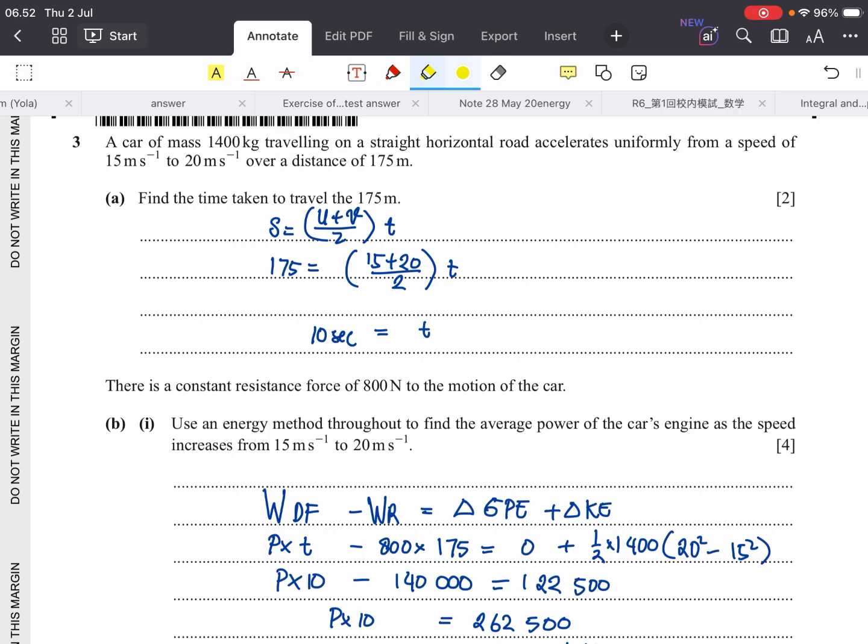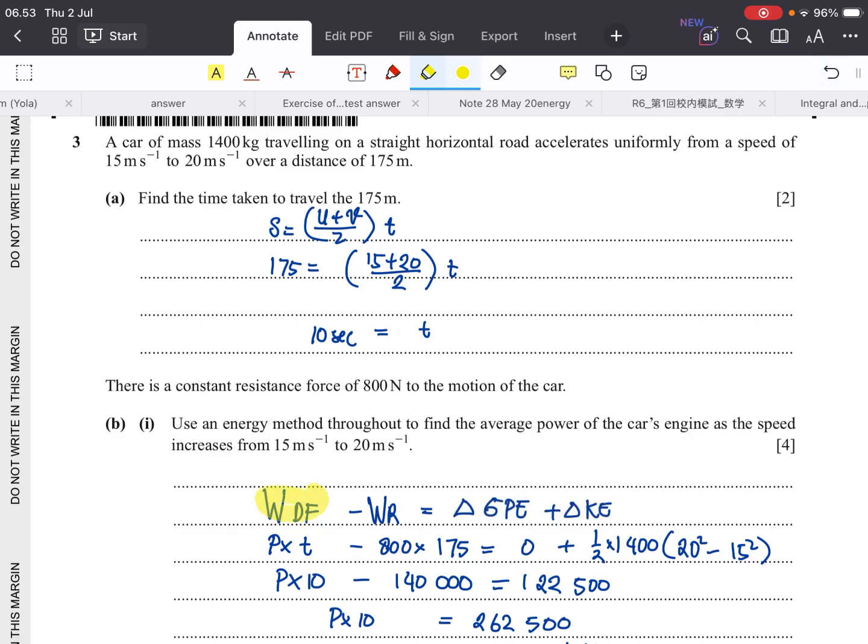So we can use the work and energy equation to find the power of the car's engine. So the formula is the work done by the driving force minus the work done by the resistance is equal to change in potential energy plus the change in kinetic energy.